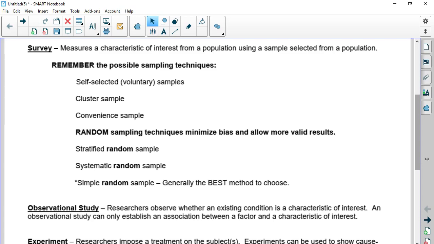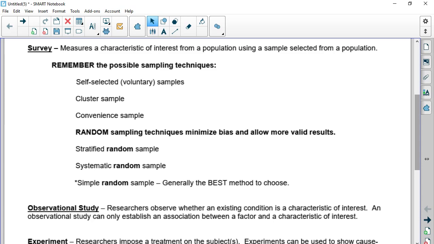Another difference is with a cluster sample, I don't have to randomly choose from every group. I could only choose some of them. So I wouldn't have to choose from every classroom randomly, just some of them, or some homerooms. Whereas with stratified, you divide them up freshman, sophomore, junior, senior, and you randomly sample from each one.